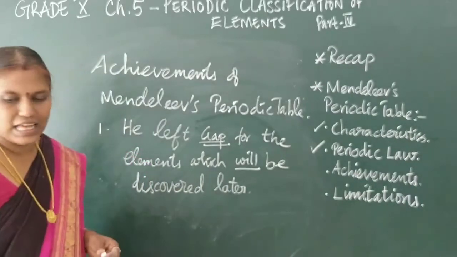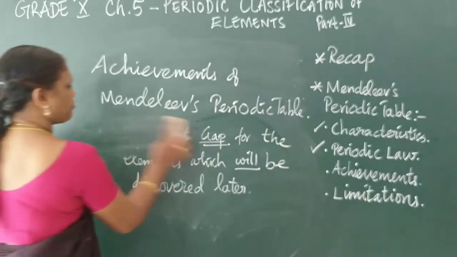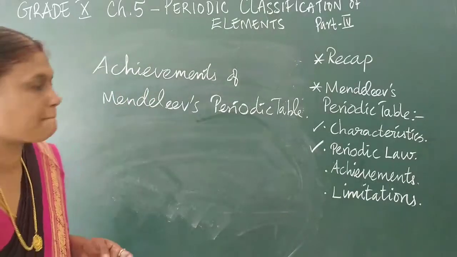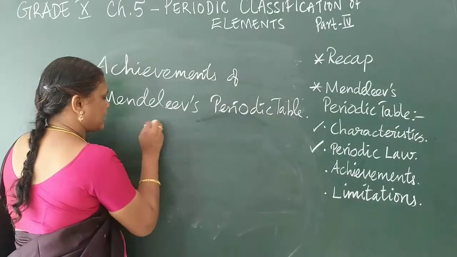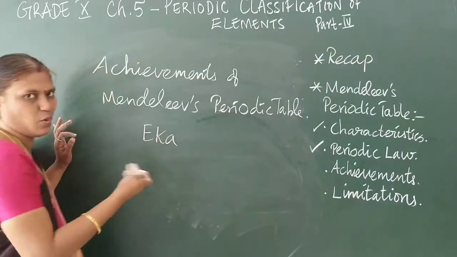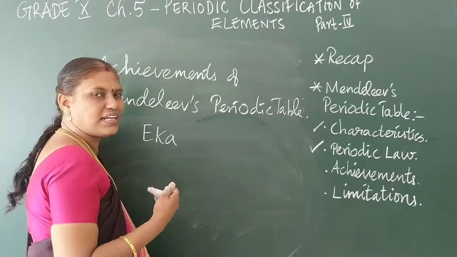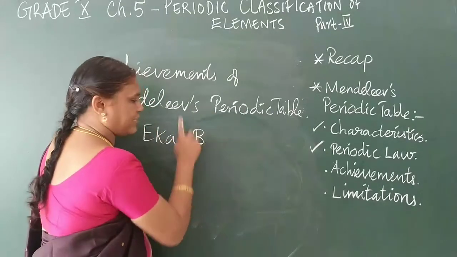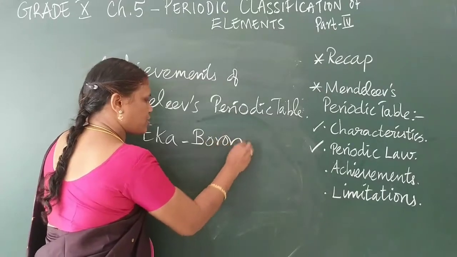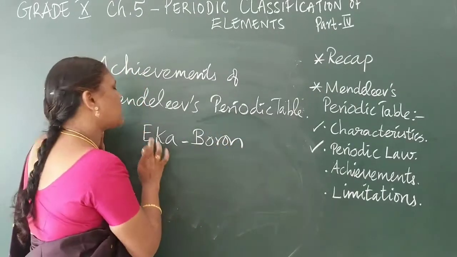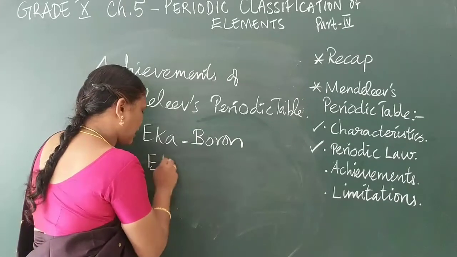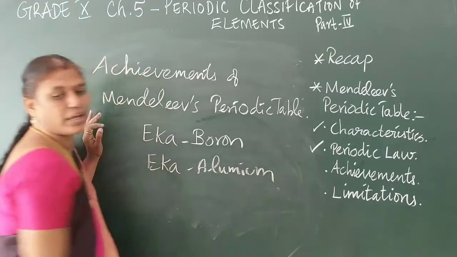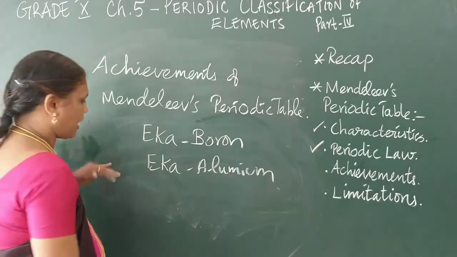And the second one is he has named those elements as Eka. Eka means previous one. Eka means what? The Sanskrit word. Eka means the previous element. He said, the gap he has left, no? Those elements are Eka boron, Eka aluminium, Eka silicon.